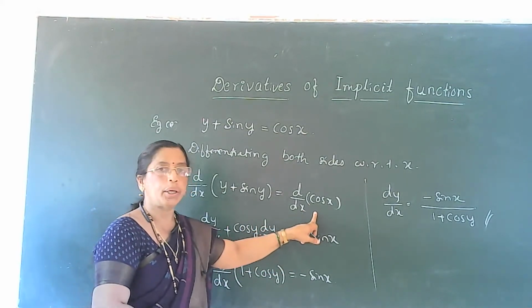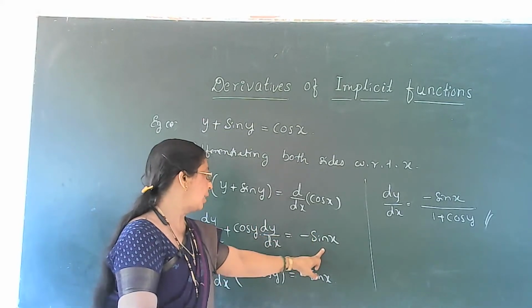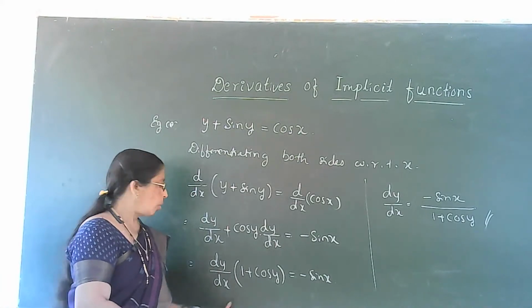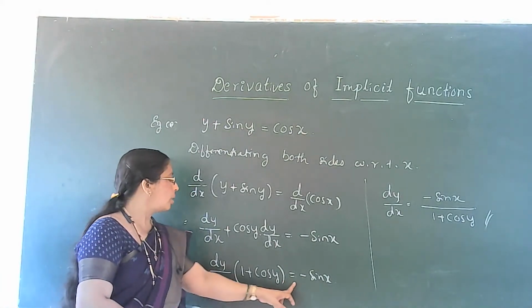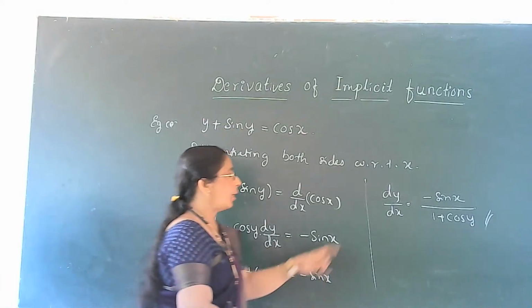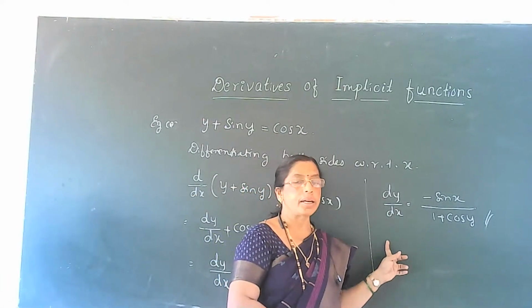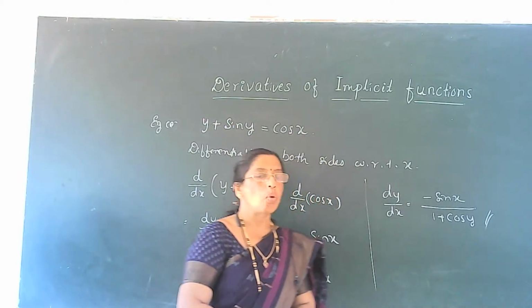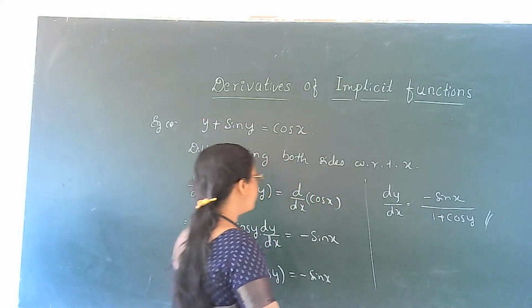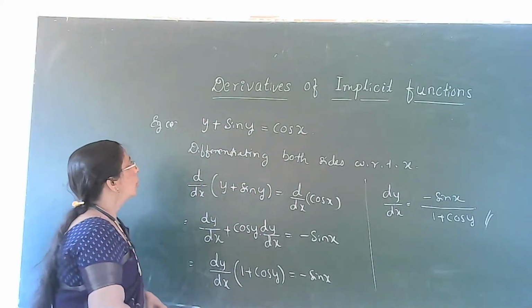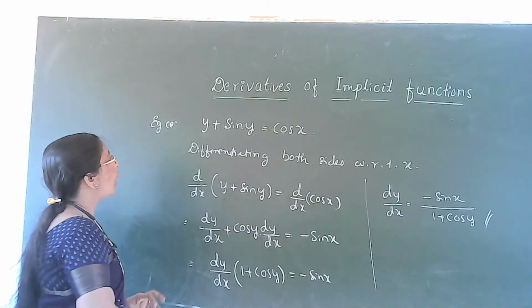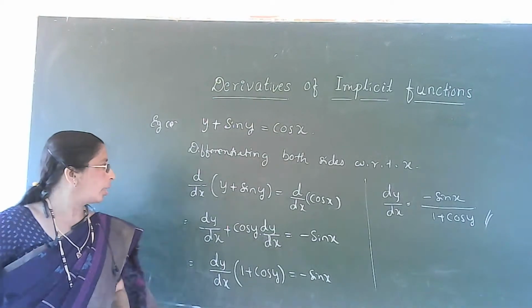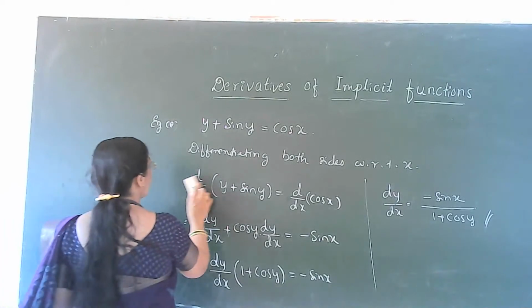This is equal to the derivative of cos x, which is minus sin x. Taking dy by dx common, we get 1 plus cos y, equal to minus sin x. So dy by dx is equal to minus sin x divided by 1 plus cos y. This is the derivative of the implicit function y plus sin y is equal to cos x. Next, we take another problem.